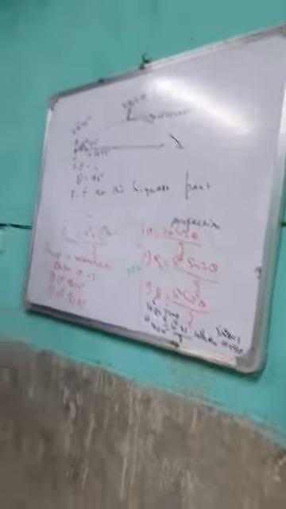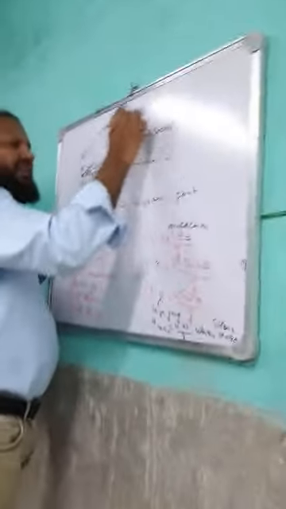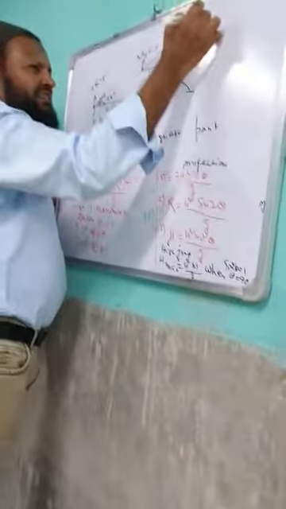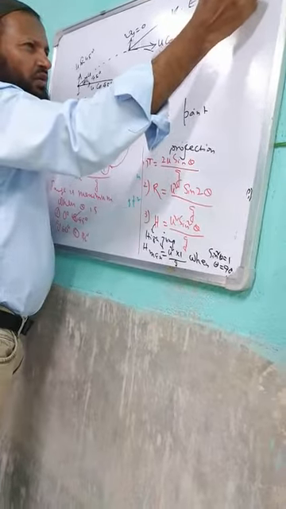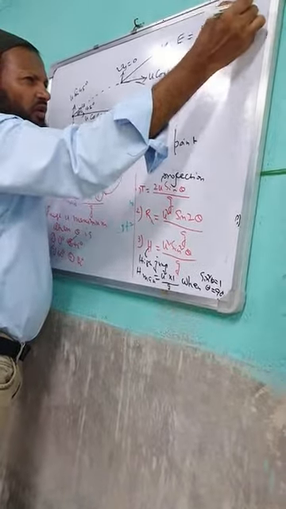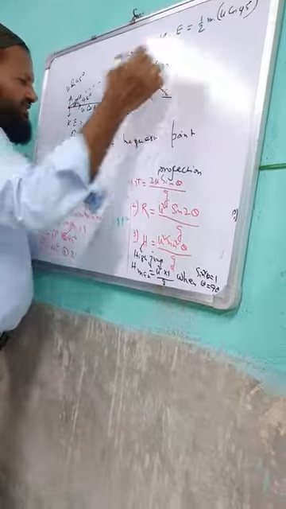What is the kinetic energy here? Kinetic energy equals half m into u cos 45 degree, please try to understand.